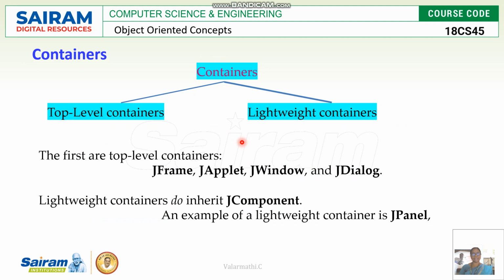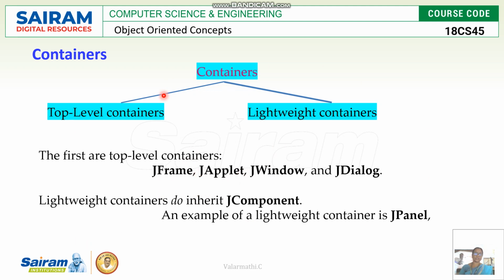Moving on to the containers concept. Containers are divided into two types here. The first is top level containers, and the second is lightweight containers. The top level containers are JFrame, JApplet, JWindow, and JDialog. These are all the main level and top level containers. Using the frame, you can combine components.